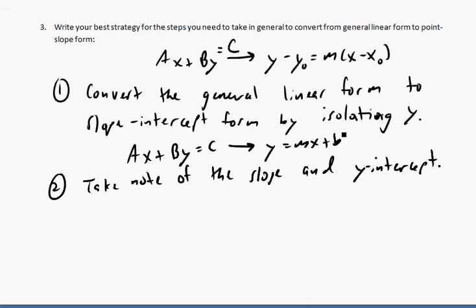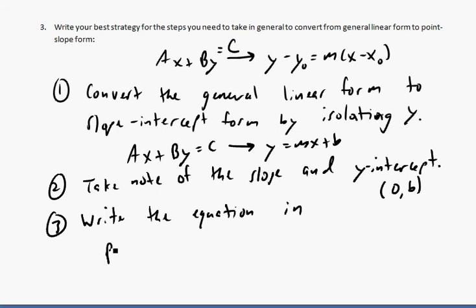The y-intercept you can think of as simply the number b, but that corresponds to the point 0, comma b, which gives you the coordinates of a point, which allow you then to write the equation in point slope.